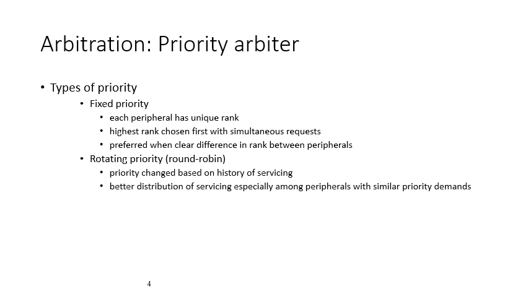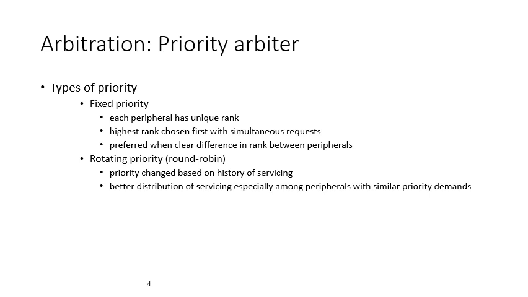arbitration. Whereas rotating priority is also known as the round robin technique. Priority changes based on the history of servicing. So if some peripheral is getting request servicing from the processor very frequently, we are going to give it more weightage.